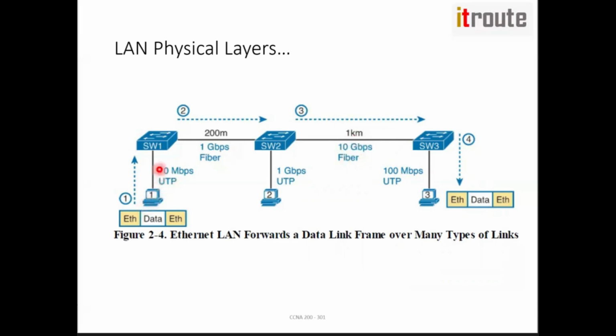But end user devices are connected to the switch with UTP cable. UTP stands for unshielded twisted pair. It's a kind of Ethernet cable, copper cable we can say. This one supports 10 Mbps. This one supports 1 Gbps UTP cable. This one supports 100 Mbps UTP cable.